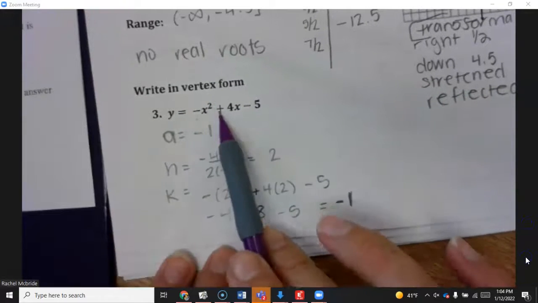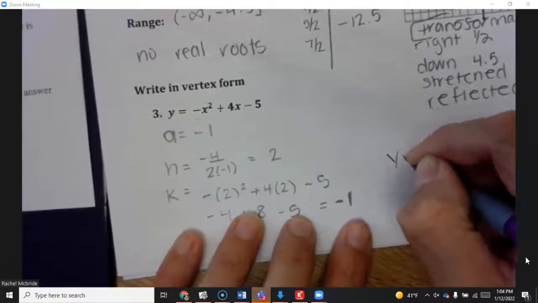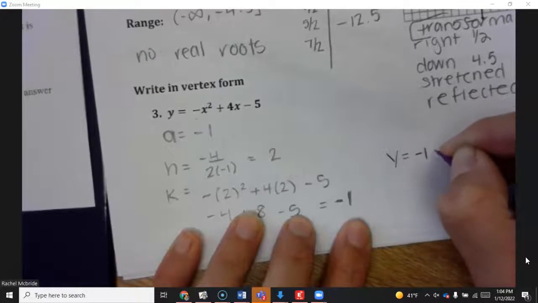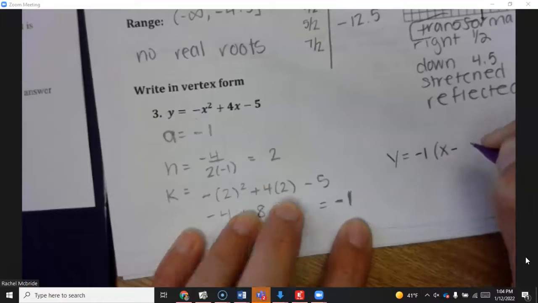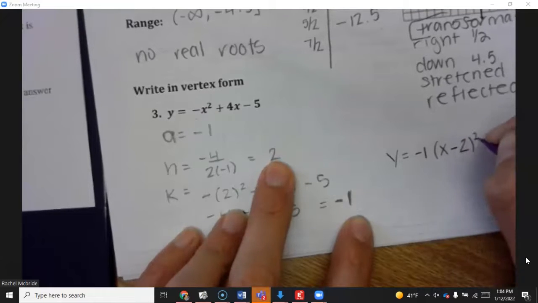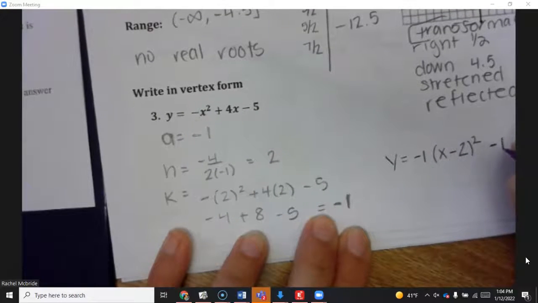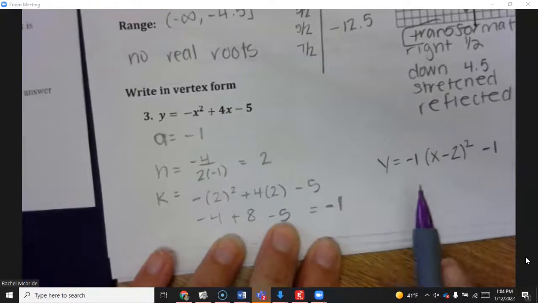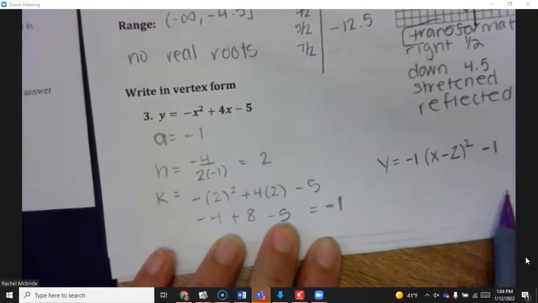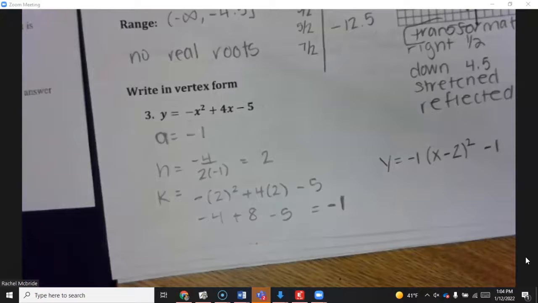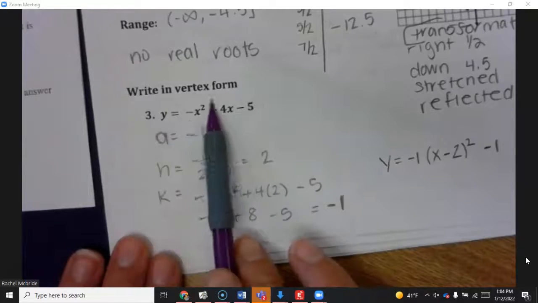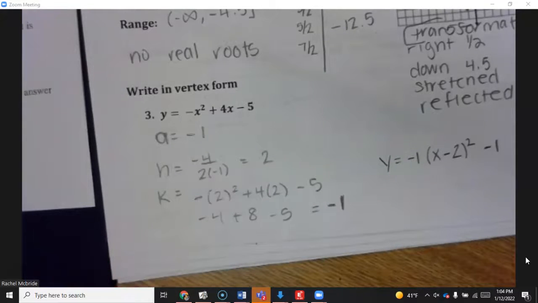So in vertex form, it's y equals -1(x minus h) squared plus k. So y equals -1(x minus 2) squared minus 1. That is how you take standard to vertex.